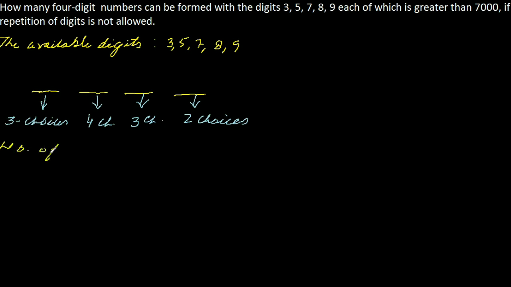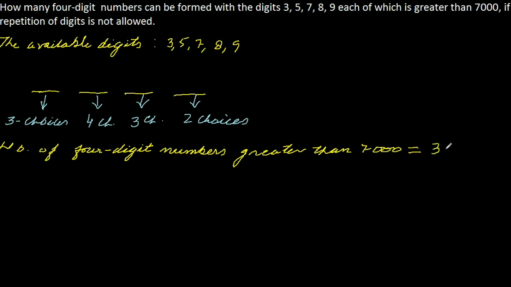So the number of 4-digit numbers greater than 7,000 is equal to 3 into 4 into 3 into 2. That is, 3 3s are 9, and 4 2s are 8, and 9 8s are 72.